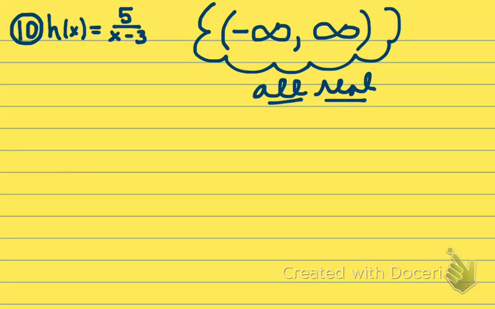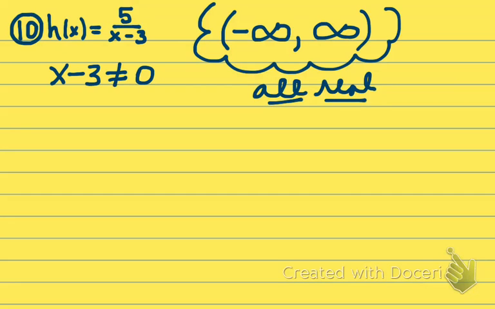If you'll remember from Algebra 2, these are called rational functions because they look like fractions. The only restriction here, and this is the restriction on any denominator that contains x, is that whatever's there, and in this case that's x minus 3, cannot be 0 because you can't divide by 0.